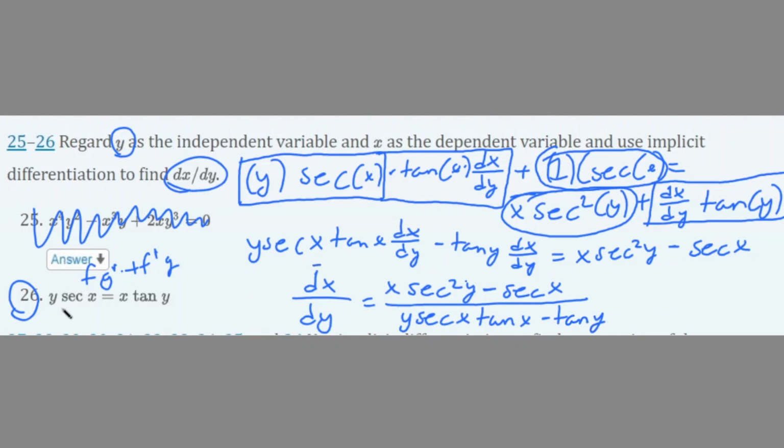And that is our final answer. You could also put parentheses around the x and y variables just to make it look a lot better. But that is going to be our final answer, dx/dy for number 26.